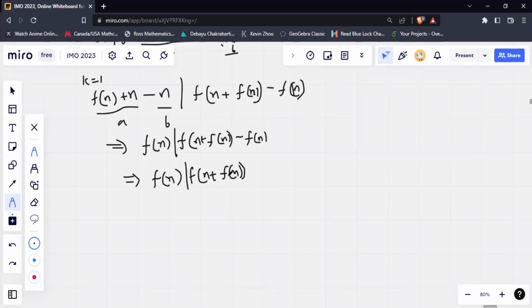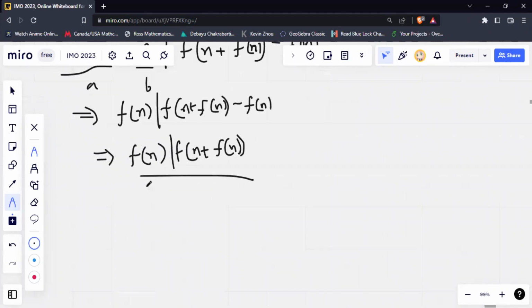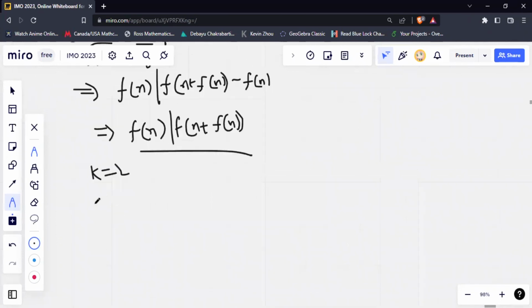You can even do it inductively. We have this, then we want to prove it for k equals 2. Now we can do this.